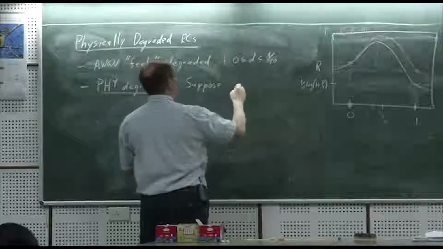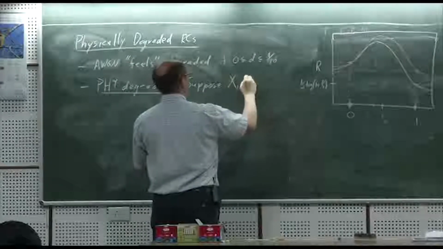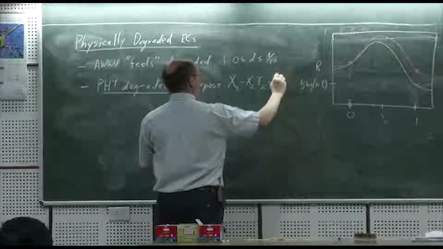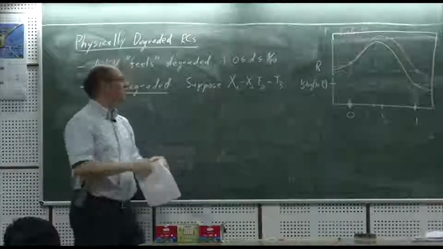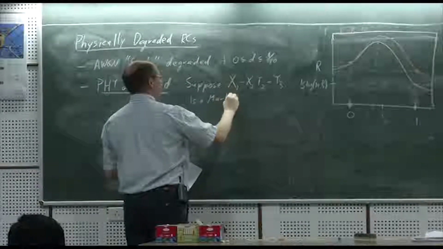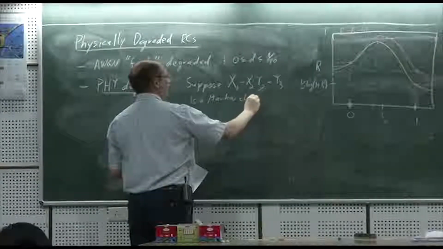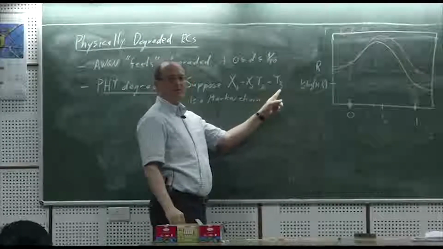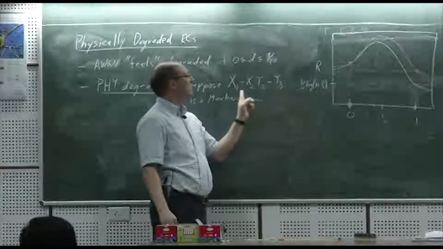Suppose that we have the following Markov chain: x1, x2, y2, y3. If we have this, clearly this is what the relay knows, and it definitely knows more than the destination. So suppose this is true.